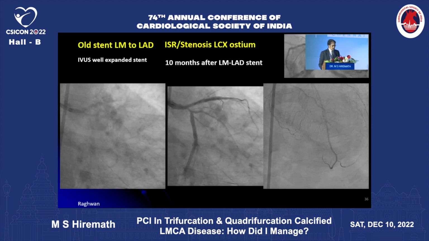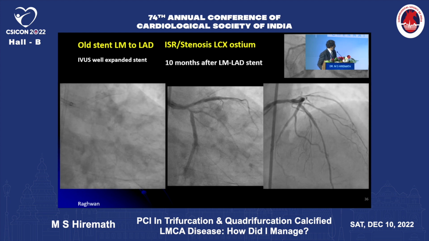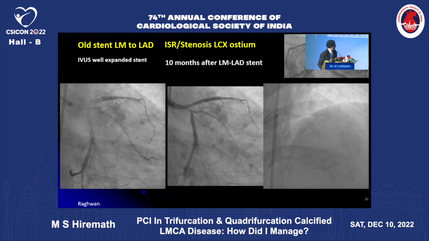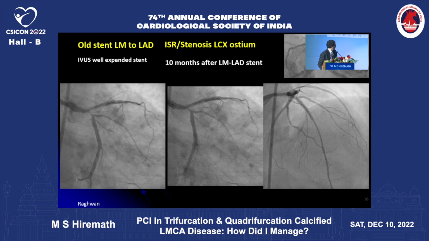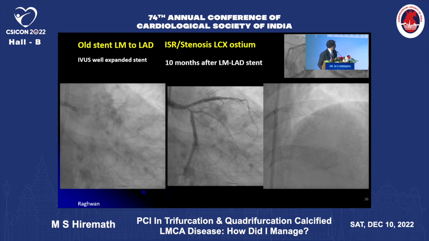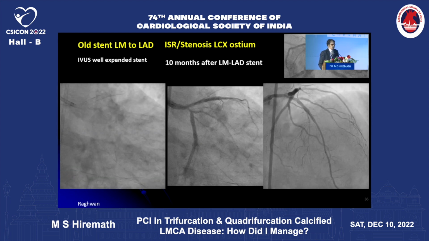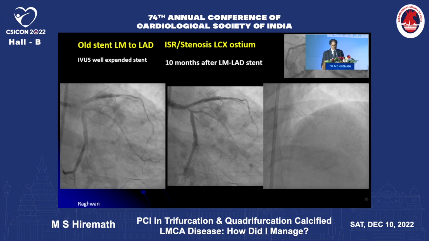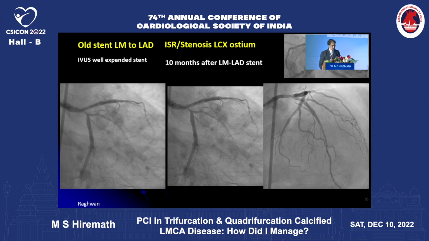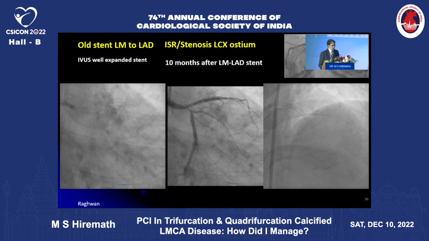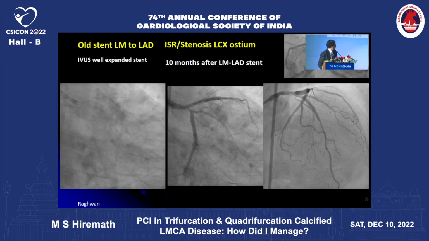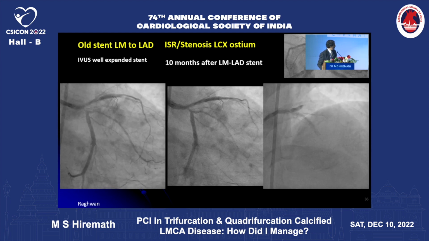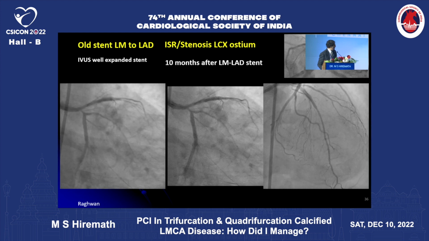So this is another case which was done outside, a stent going from left main to LAD, and a big size circumflex circulation, which was treated as a side branch. And you can see critical ostial stenosis. This was about 10 months after the procedure. And in this case, this is a big dominant circulation.